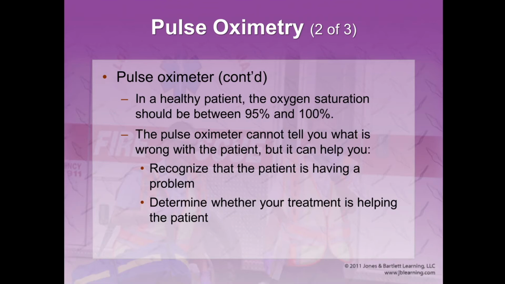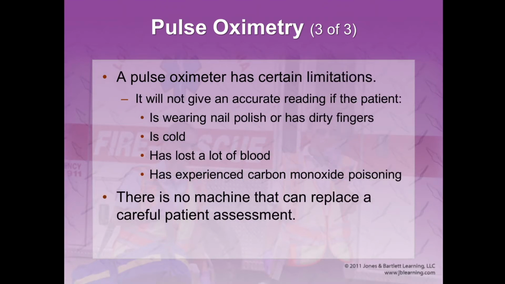But if the pulse ox is reading in the low 80s or high 80s and the person seems fine, then I wouldn't go off strictly the pulse ox in that. Again, those are just the things I talked about where it could give inaccurate readings: nail polish, dirty fingers, cold, loss of blood, carbon monoxide.